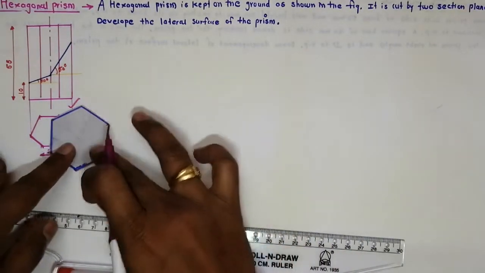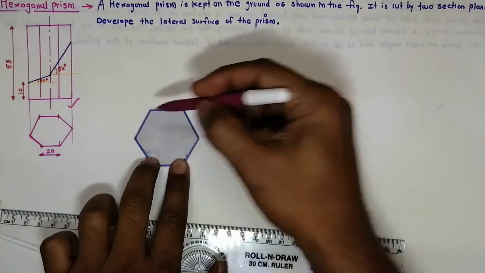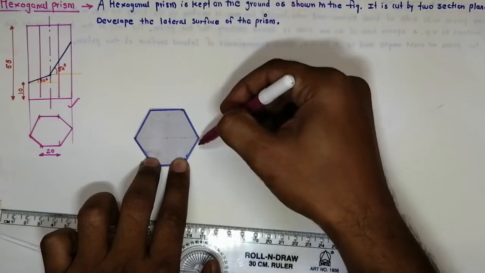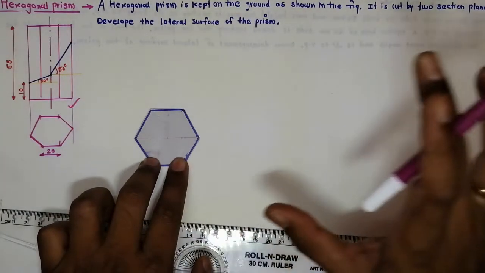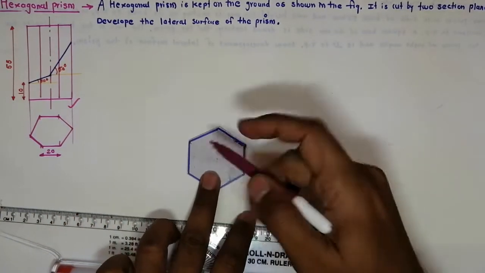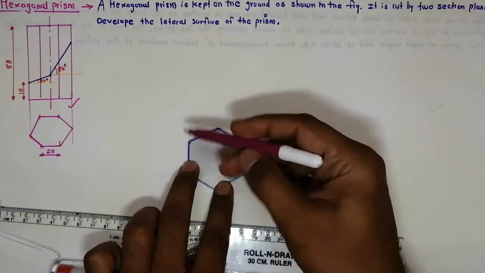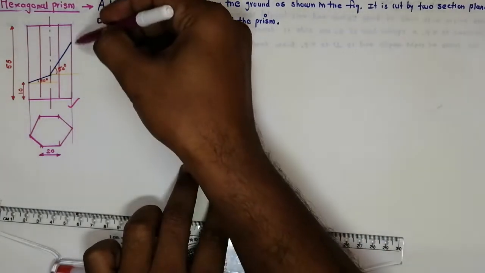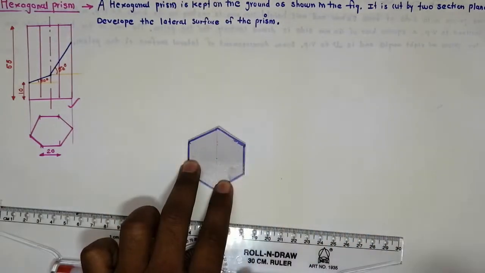That means we have to keep this on the corner. If I keep this hexagon on the corner, then the projections are 1, 2, 3 and 4. So this is the correct position of the hexagon. For all solids there are two positions. One is the edge position, where it is resting on an edge. If we keep it on the edge, we get 1, 2 and 3 projections, but in the given problem 4 projections are coming.